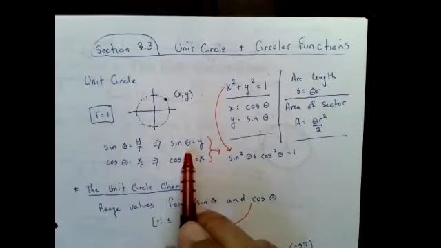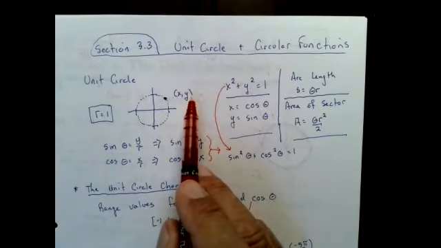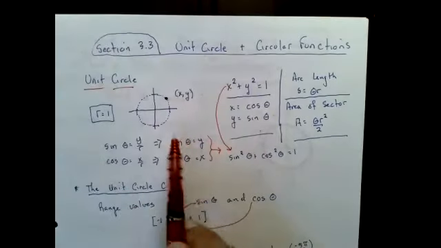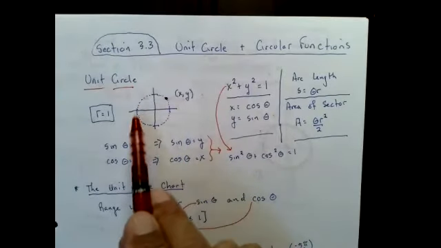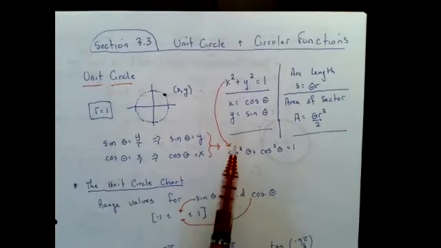So the sine of theta is going to be whatever Y is. Again, this is on the unit circle. The radius of this circle is 1. There's a lot we can learn from the unit circle.